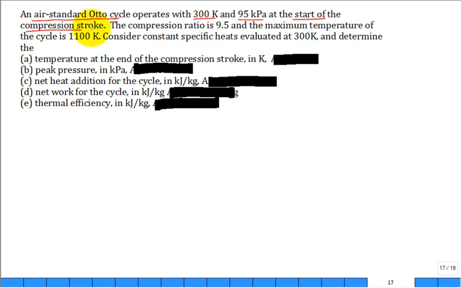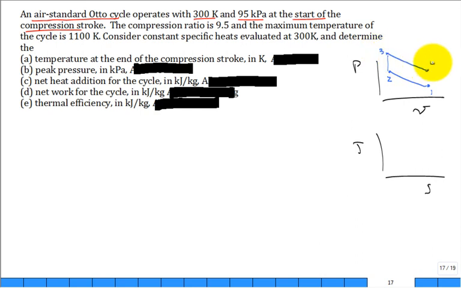In our minds, or maybe on our paper, we draw our PV diagram. We draw our temperature entropy diagram. We think about our processes from state 1 to 2. That was like our compression. Then our heat addition to 3. Then our expansion to 4. And then heat rejection 4 back to 1.